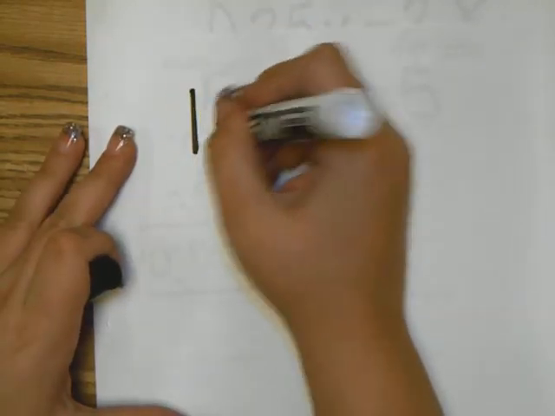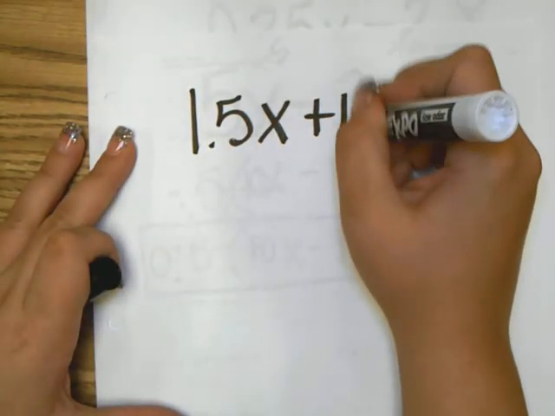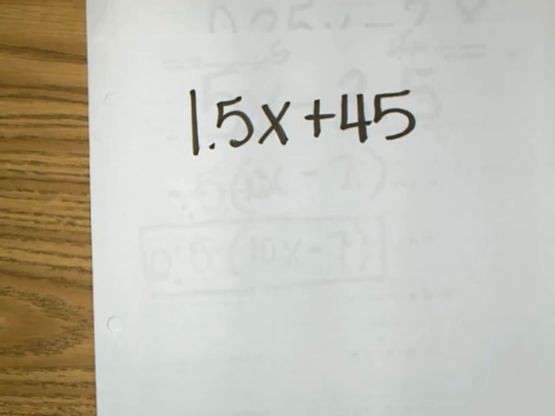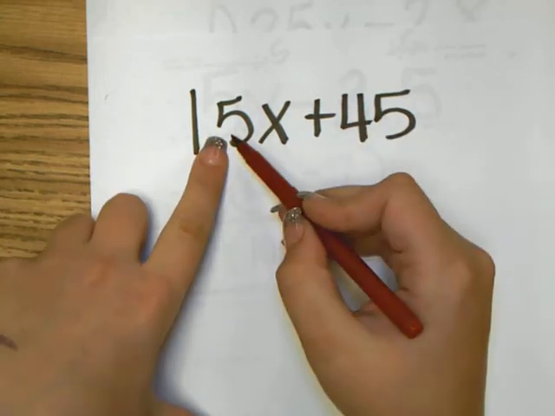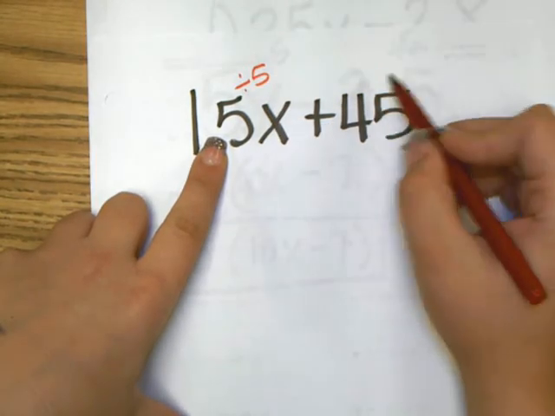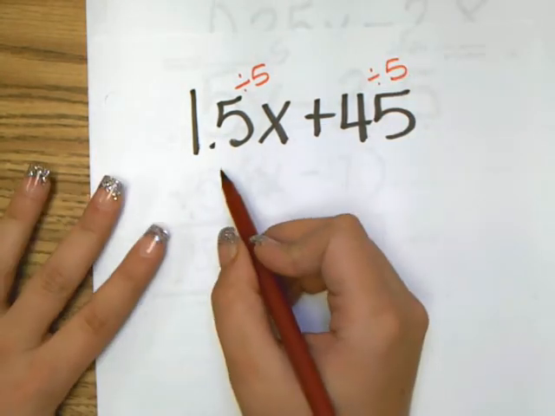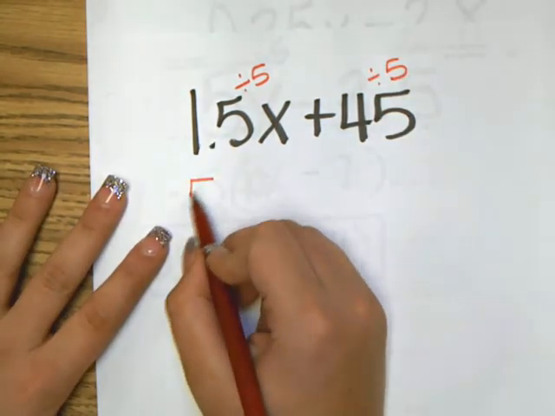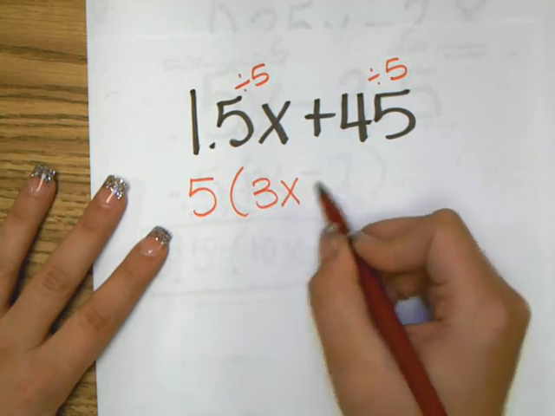I think I want to do one more with decimals, just in case you're like, okay, I think I got it, let me try one more. So let's say we had 1.5x plus 45. First thing we ask ourselves is what can go into 15 and 45? 5.